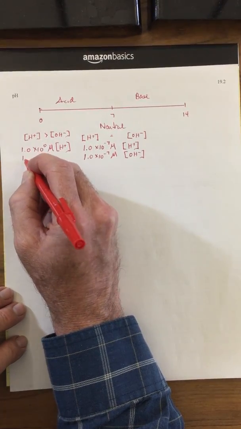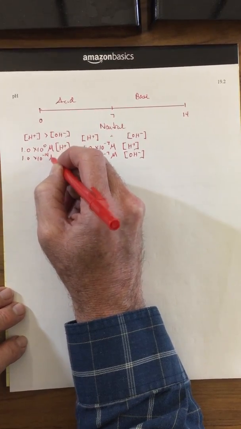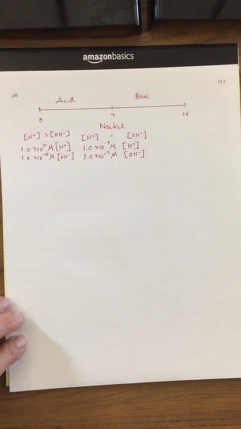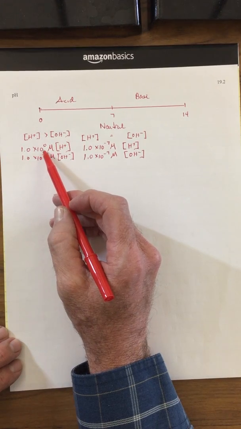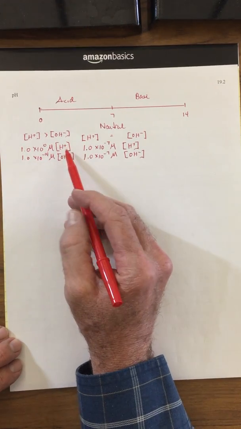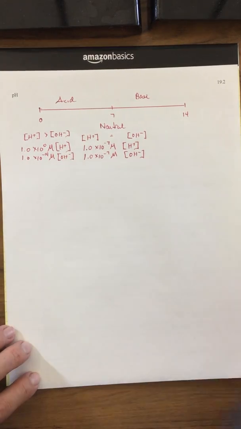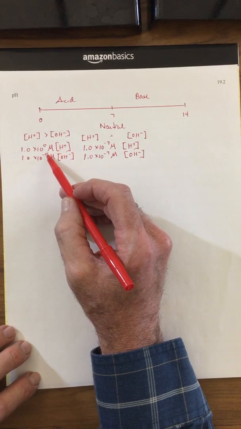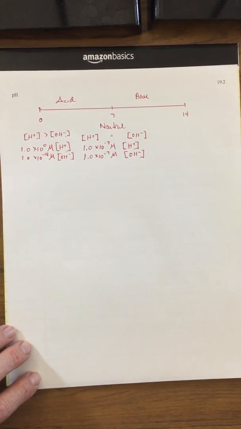It is 1.0 times 10 to the minus 14 molar OH minus. So this is a million times more of the H+ concentration compared to the OH minus concentration. This far exceeds this amount right here, which is showing that it's going to be an acid.